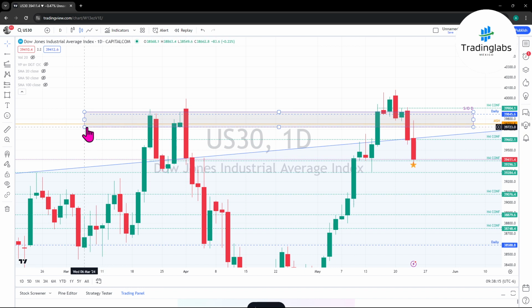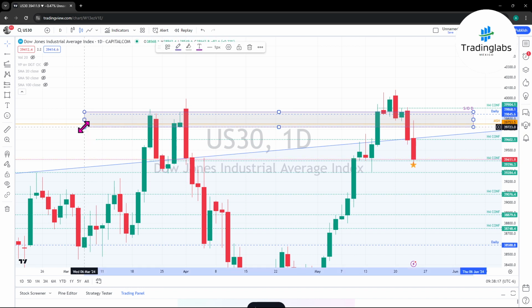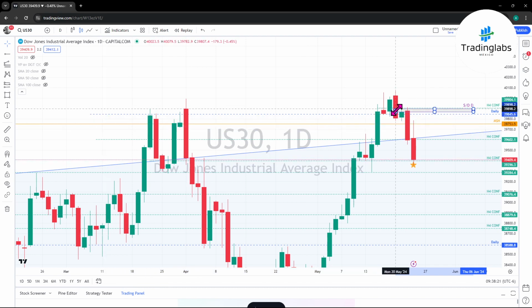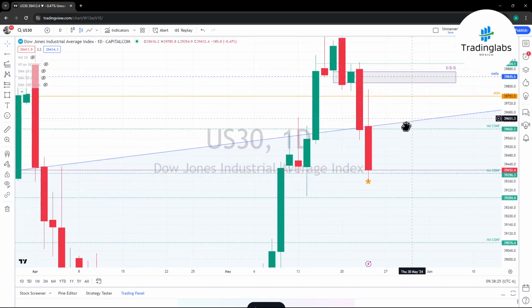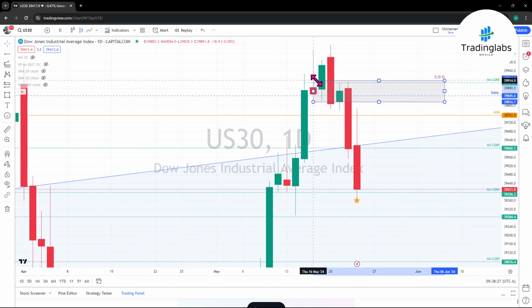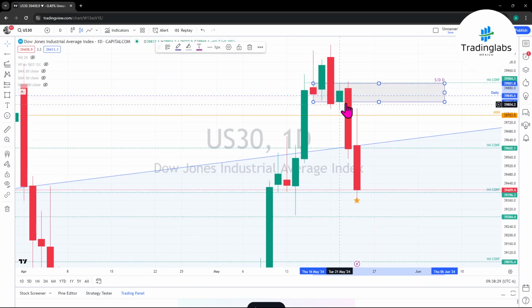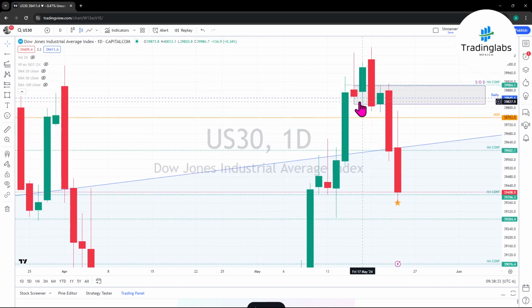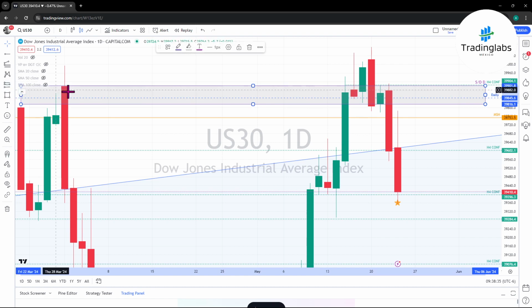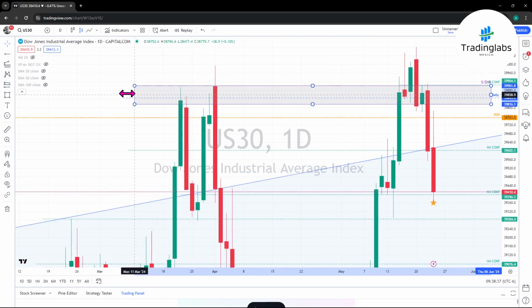You draw the one that started from the small green candle. For example, I spotted one here, but the current one is from here. You can see the most recent one is from this. This is a new supply zone, and I draw until here.